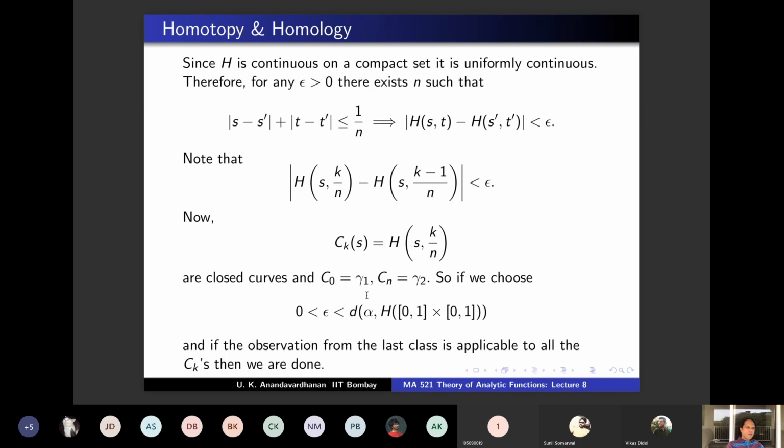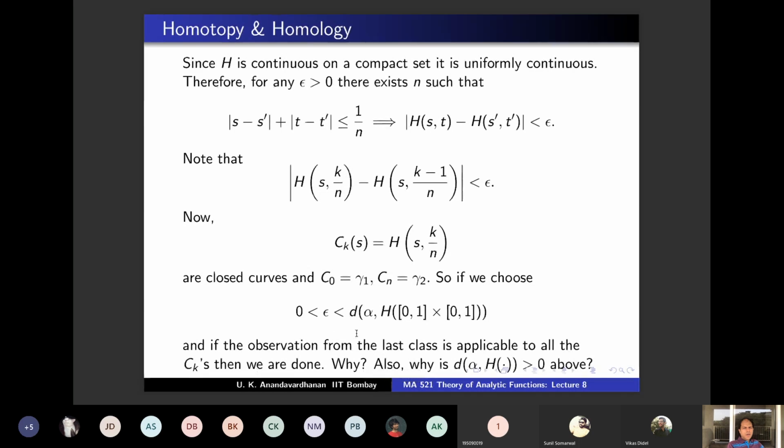The starting thing was gamma 1, so gamma 1 and the next one, C1, indices are same. From C1 to C2, indices are same. C2 to C3, indices are same, etc., all the way up to gamma n. Therefore, gamma 1 and gamma n indices are same. So if the lemma was applicable to all the CKs, then we are done, because successively you can pass the indices information.